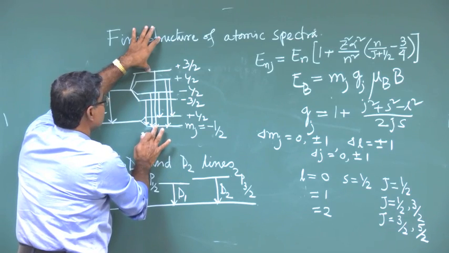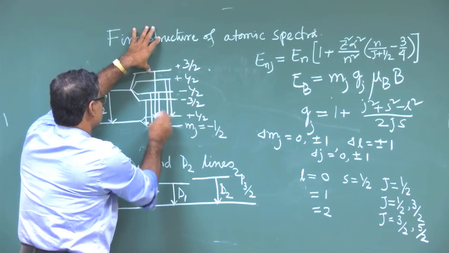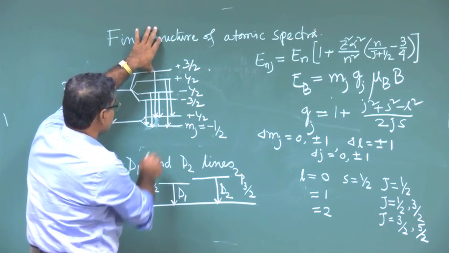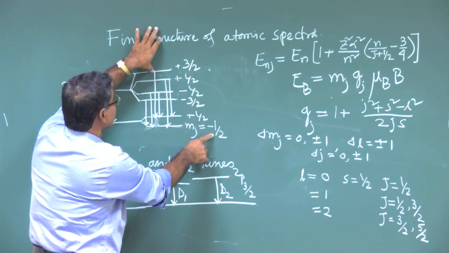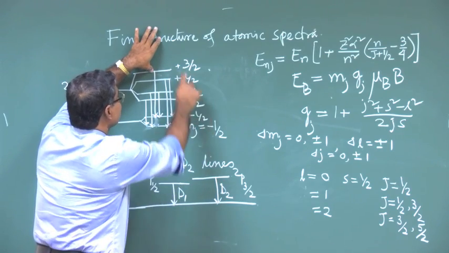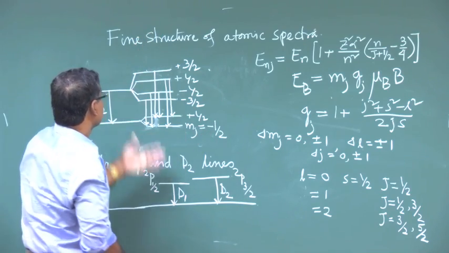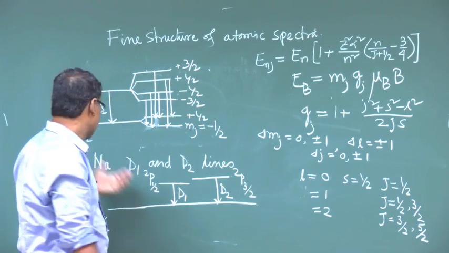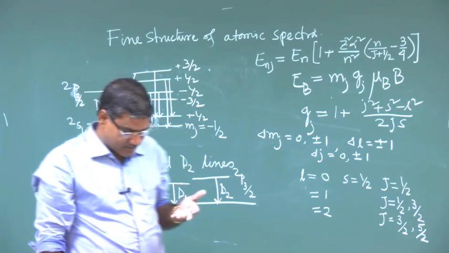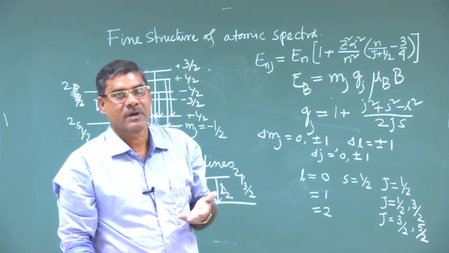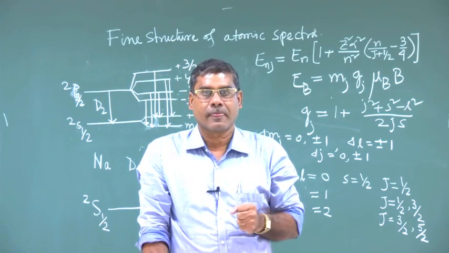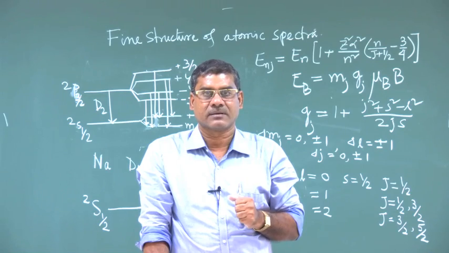Sorry, this is also allowed up to this, but from here to this minus half it is not allowed because minus half minus 3 by 2. So, it will be minus 2. So, that is not allowed. So, now you see it is 6 lines. And experimentally it is found that sodium D2 line is split into basically 6 lines.